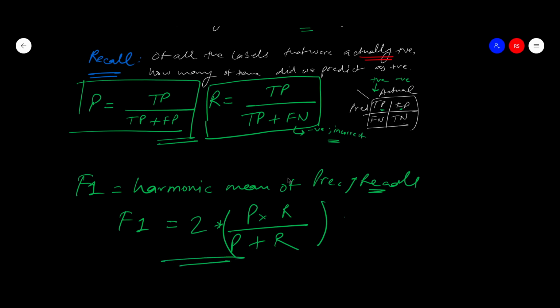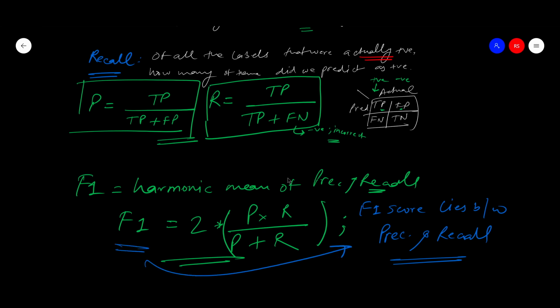And in almost all the cases, F1 score lies between precision and recall, since it's a harmonic mean, the basic mathematics that kicks in. You can try this on your own, calculate these three things by yourself, precision, recall and F1 score, and you'll see that F1 score is falling between recall and precision.